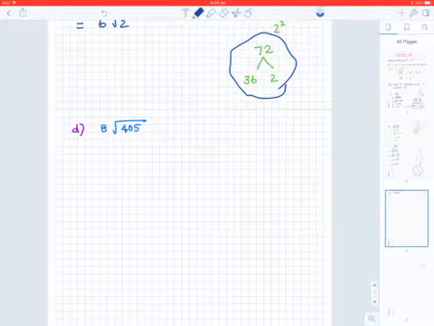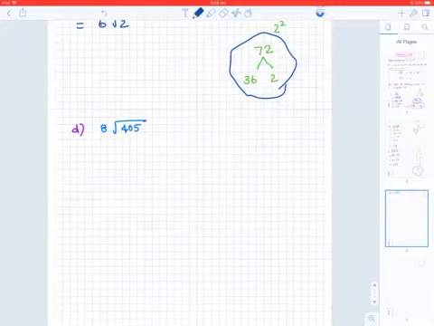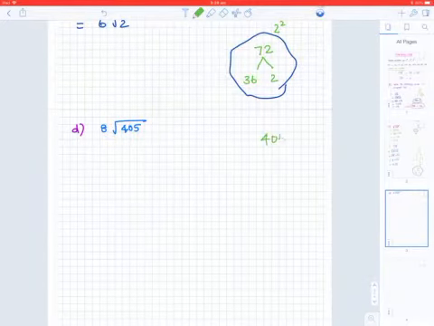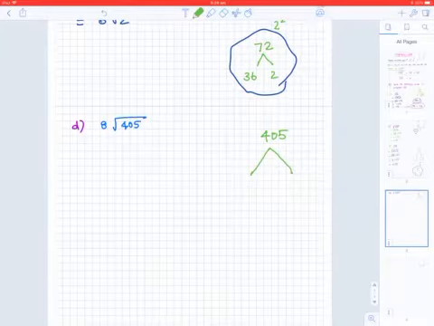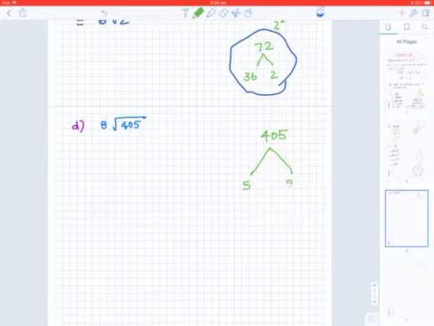Okay, now we do one more. In this question, you have a number in front as well. So initially we're going to ignore the number. We are going to write only 405. So again, for 405, the surd component, write it as a product of two numbers. One of them should be a square number.